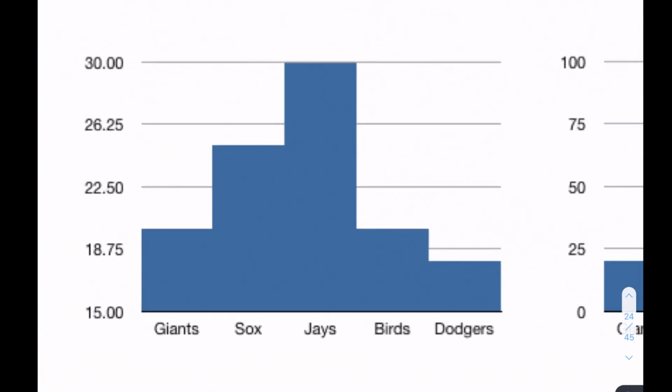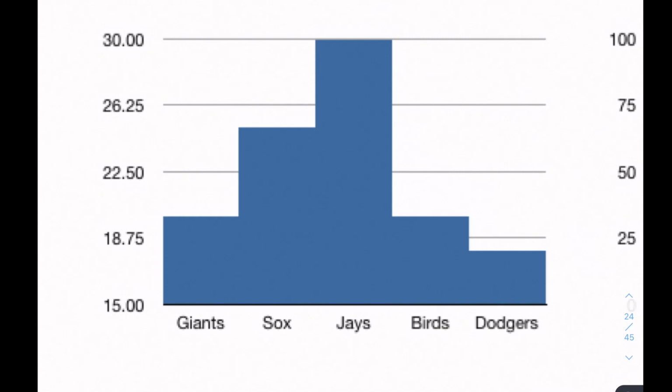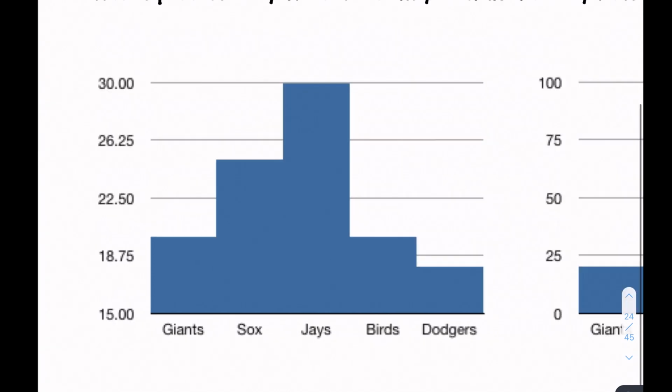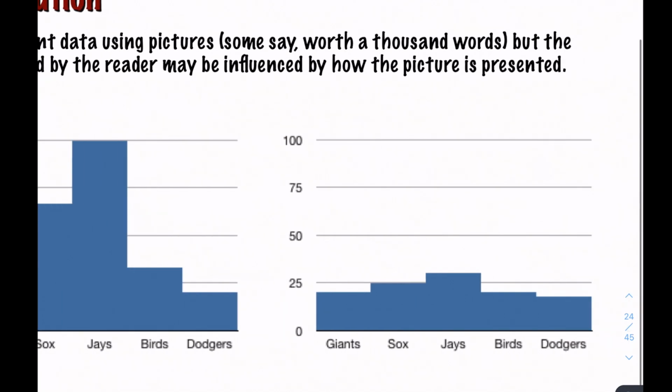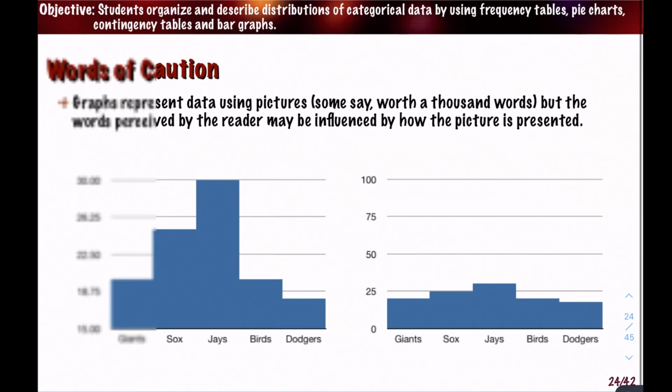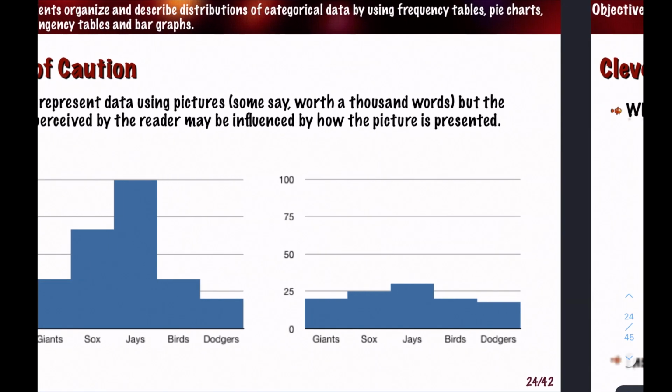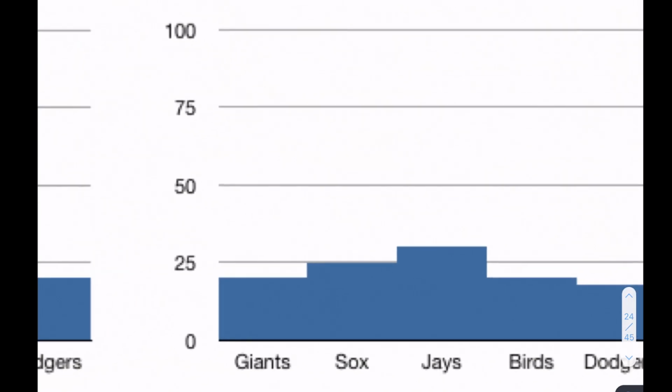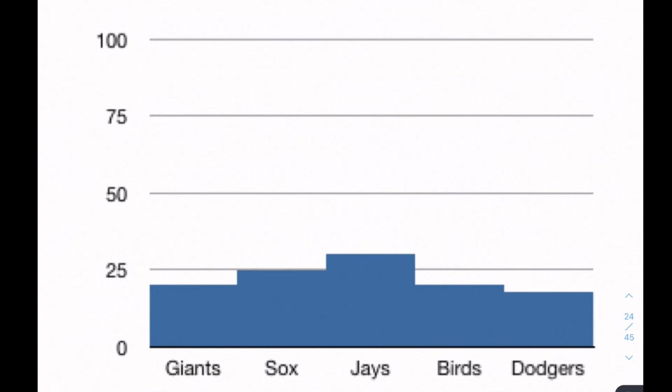Take, for instance, this picture of wins by certain baseball teams. Just based off the size of this bar graph, you can see a distinction between the Blue Jays and the amount of games they won versus the Dodgers. But if we subtly change the scale on the y-axis, from a maximum of 30 to a maximum of 100, you can see everything gets squished down.